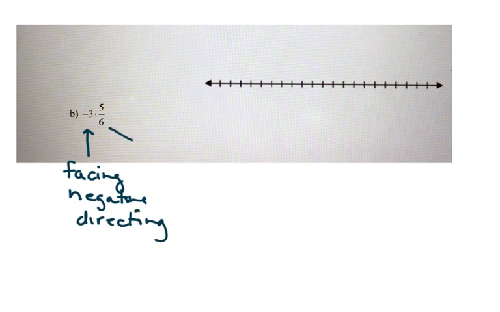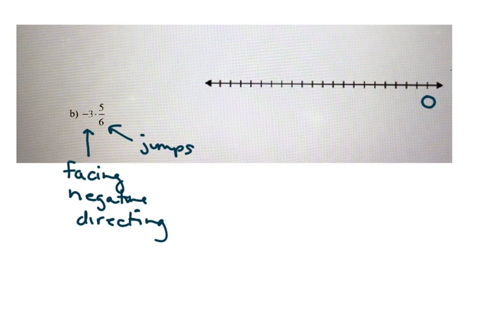And our jumps will be 5/6 of the way. You probably already have the idea that this answer will be negative. And so we can start our 0 all the way to the right. That's where we're going to start our jump from.